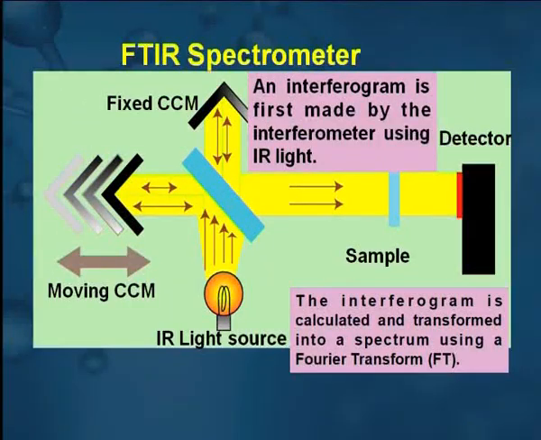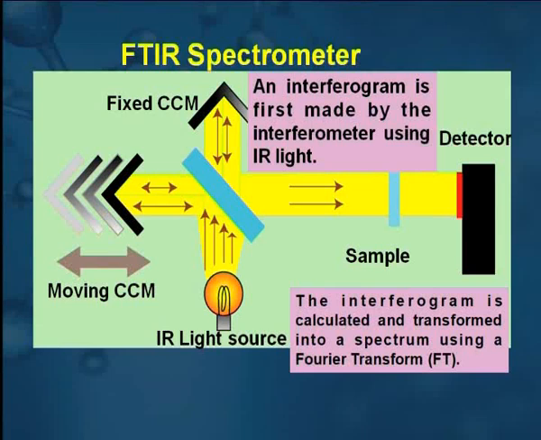This, now you see on the screen. Here we have the FTIR spectrometer. You see on the screen at the bottom we have the IR light source, and there is a slit at a particular angle, and on the left side and on the upper side we have two mirrors. One is static and another is moving.